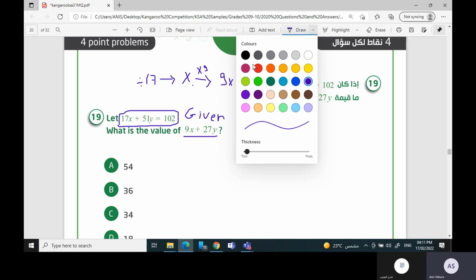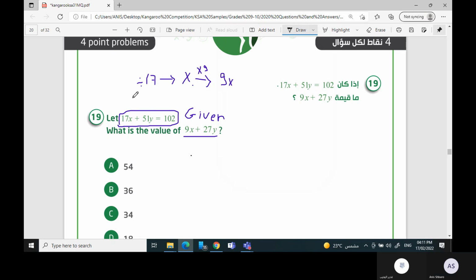So of course, let's try this one. 9x plus 27y is our goal. So let's divide to obtain x alone, so everything is divided by 17. I'm going to divide this term and this term, and of course 102.